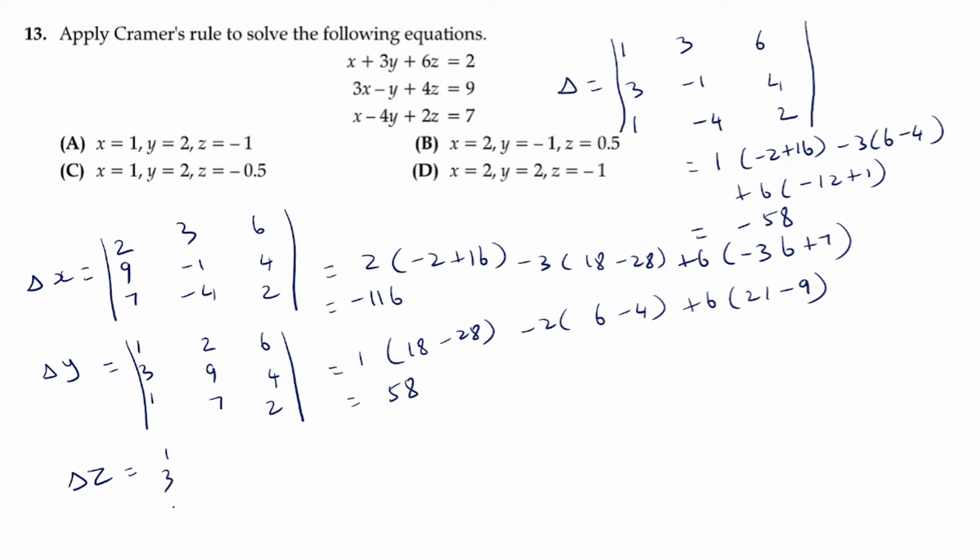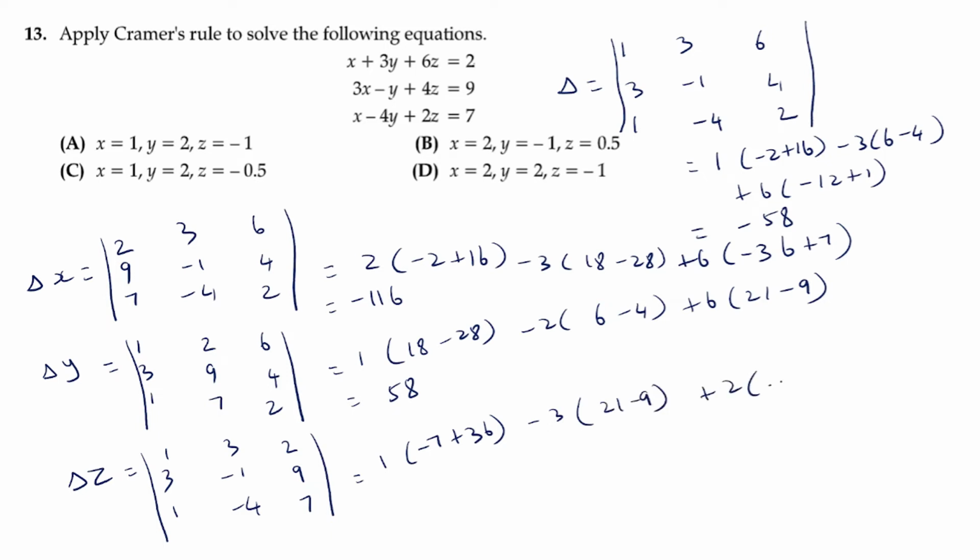So it is 1, 3, 1, 3 minus 1 minus 4 and 2, 9, 7. So this is equal to 1 into minus 7 plus 36 minus 3 into 21 minus 9 plus 2 into minus 12 plus 1. So this, when we simplify, we get the answer as minus 29.